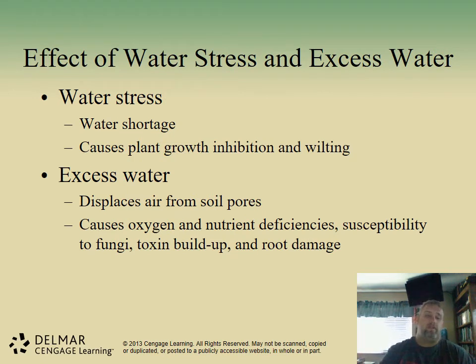So some of the effects or causes of water stress are water shortages or droughts, and this can cause the plants to wilt. When we have too much water, this actually will create an anaerobic condition because you will lose the oxygen within the water, and other nutrients can become deficient because the plant has no ability to find the correct nutrients because it can't breathe.